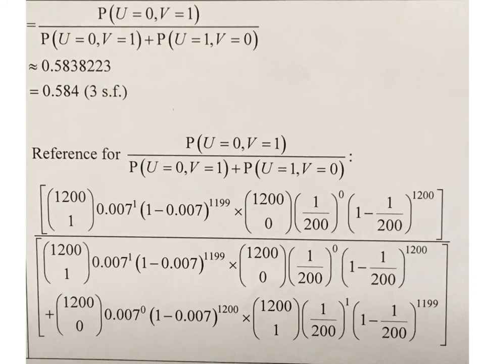Remember that U represents the number of defective light bulbs produced by factory A, and V refers to the number produced by factory B. So we are looking at the probability that there's one defective light bulb from factory B and 0 defective light bulbs from factory A.